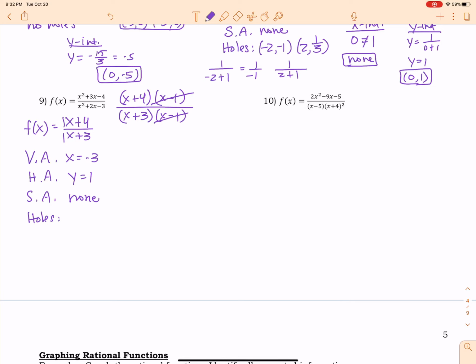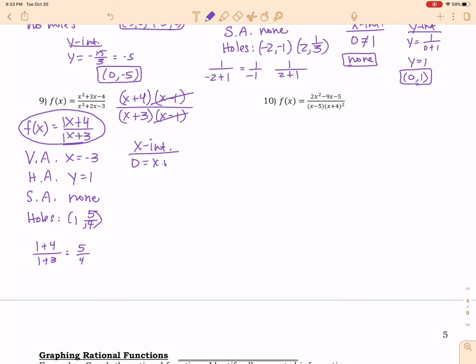Okay, holes. I know there's a hole at 1 something, and now I'm going to use my reduced version and substitute the 1 in for the x. So 5/4. And you will find that a lot of times the y value in the hole is some weird fraction, so don't freak out about that. All right, x-intercept.